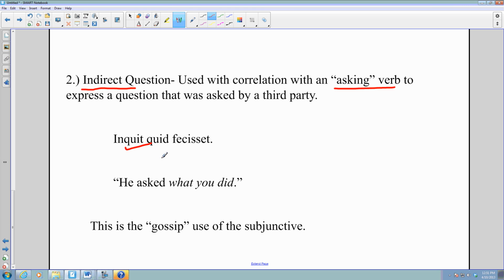He asked what you did. And again, here I have my tense issues. I have a present tense and I have a pluperfect tense. Those don't go together. Those don't match. What I actually have is a perfect tense.